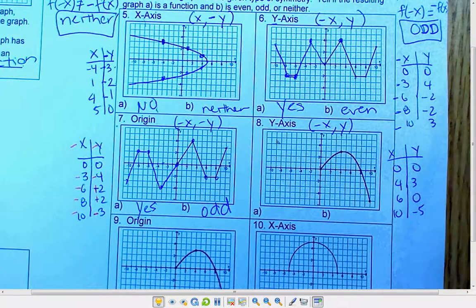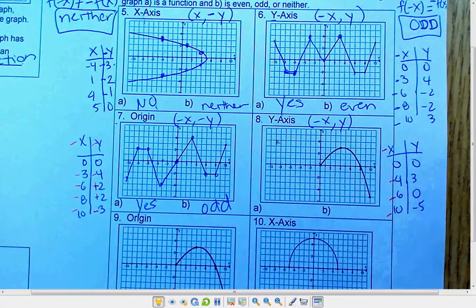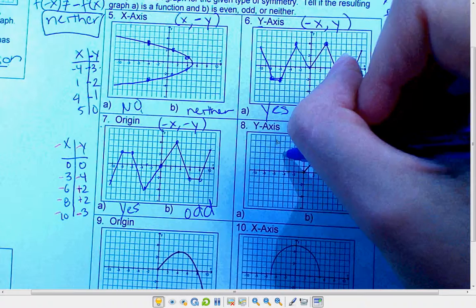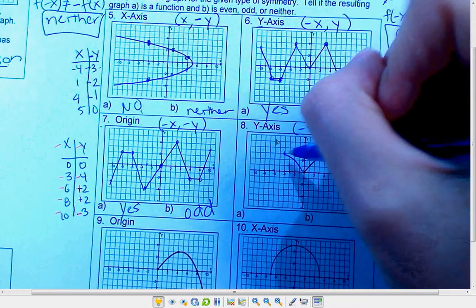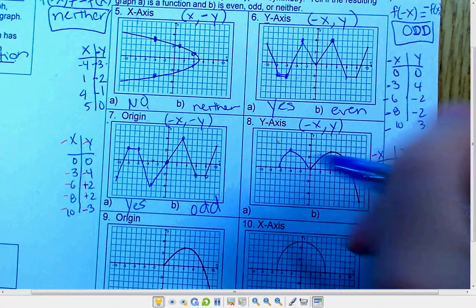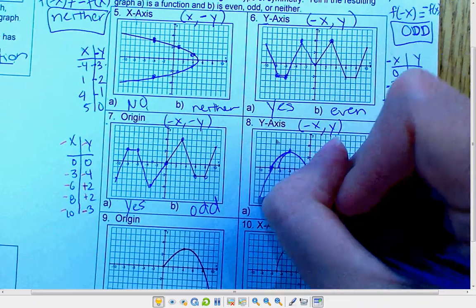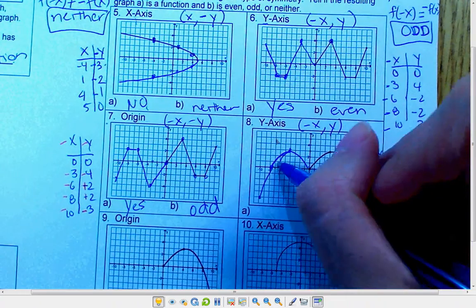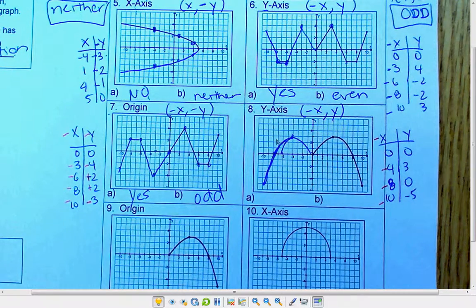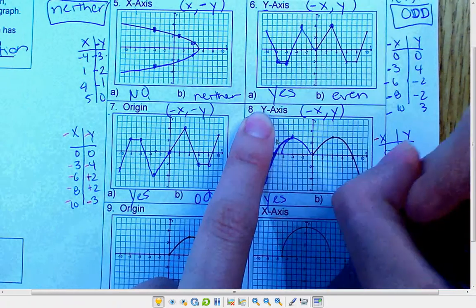And if I'm changing my x's, these positive numbers become negative, and I'm going to graph it. -4, 3, -6, 0, and, oh, that's an 8, excuse me, -8, 0, and 10, -5. So that's what this graph looks like, kind of like a McDonald's arch. Is this a function? Yes, it is. Symmetry about the y-axis means it's even.